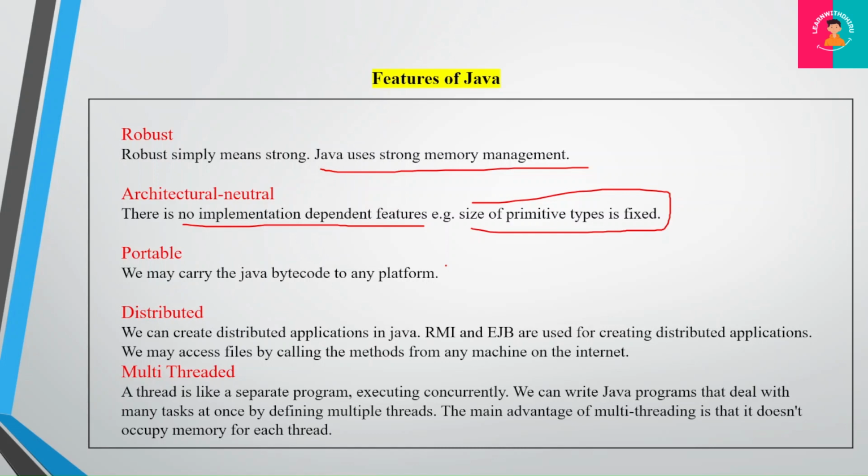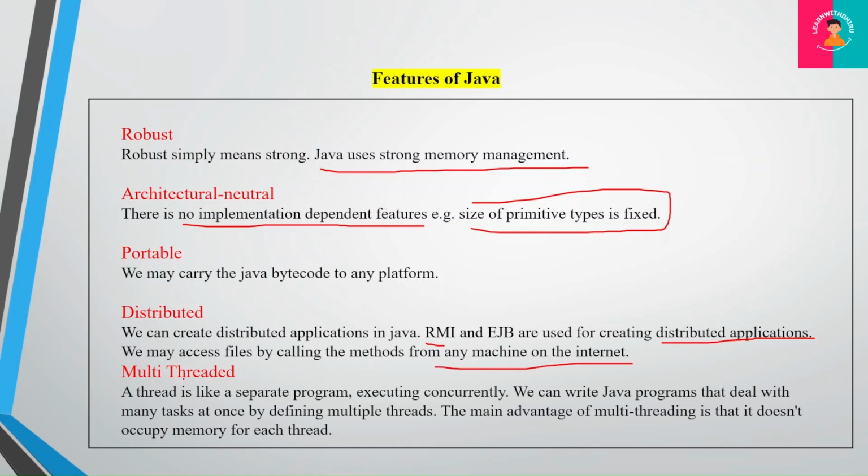The only prerequisite is a Java version. Then it is distributed. We can create distributed applications in Java, like with RMI. We may access files by calling methods from any machine on the internet.